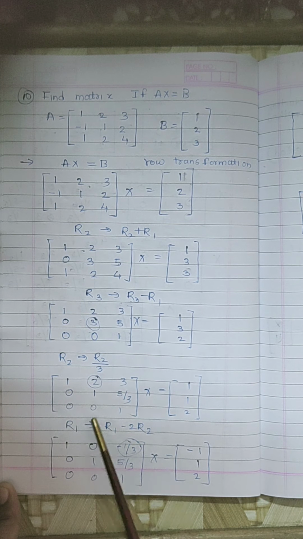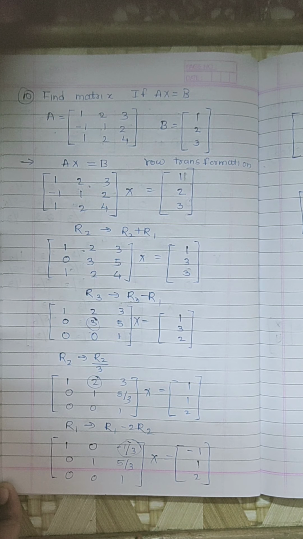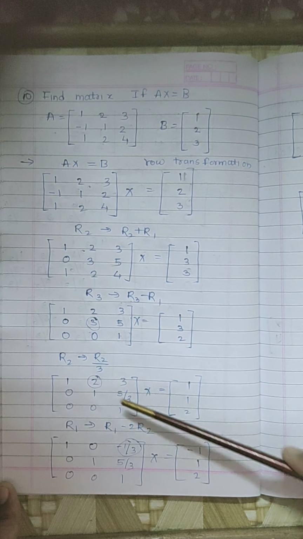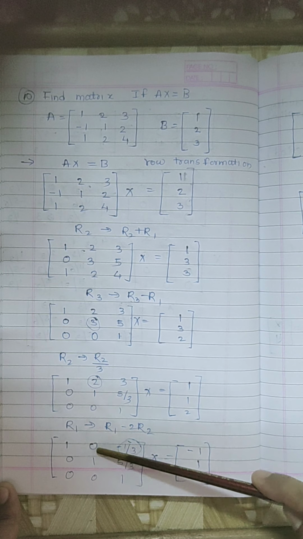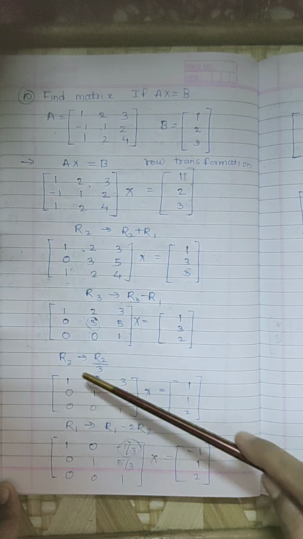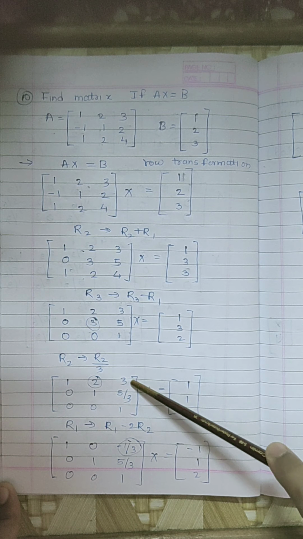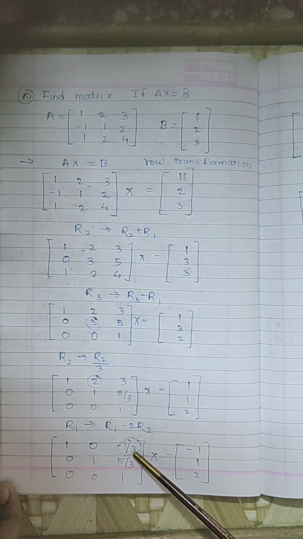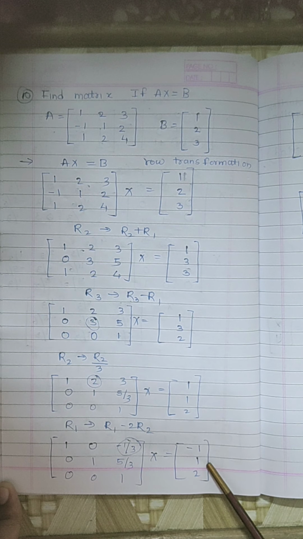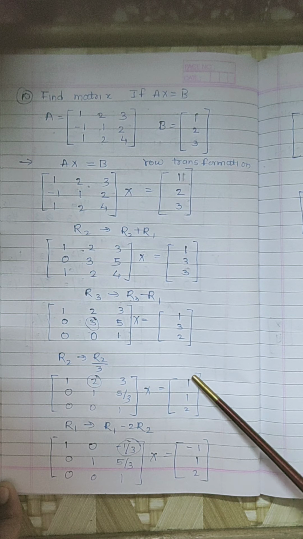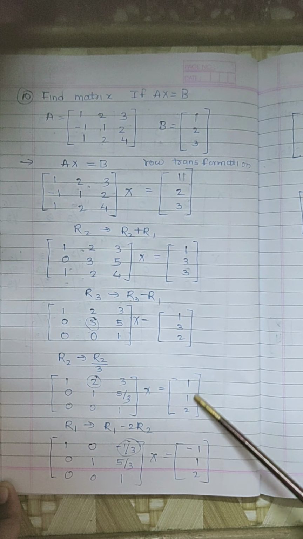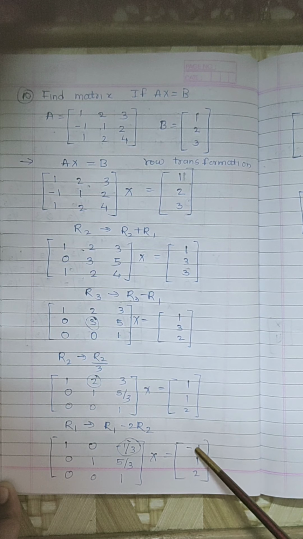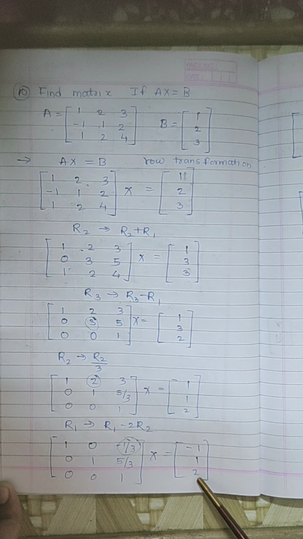So write R2 and R3 as it is, here also and here also, and this is R1 minus 2 R2. So it will become 0. This as it is 1, and here R1, that is 3, minus 10 upon 3 is minus 1 upon 3. And here also R1 means 1 minus 2 into 1, that is minus 1, and this 2 as it is.